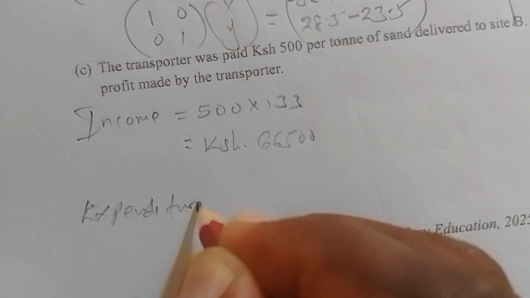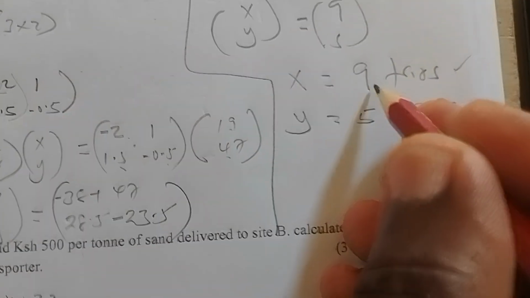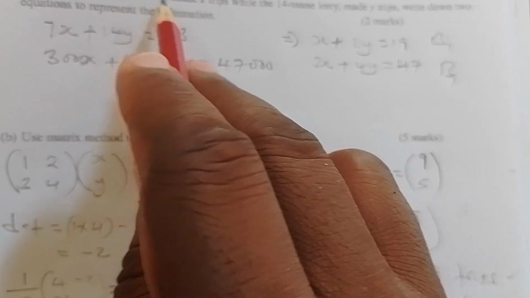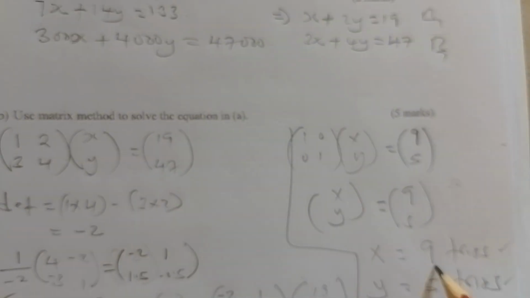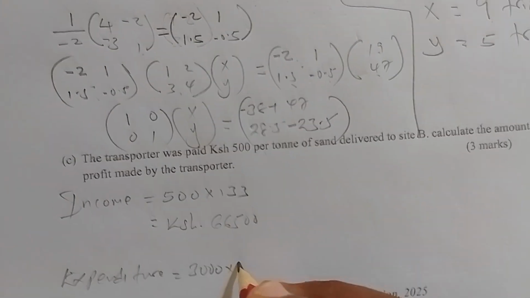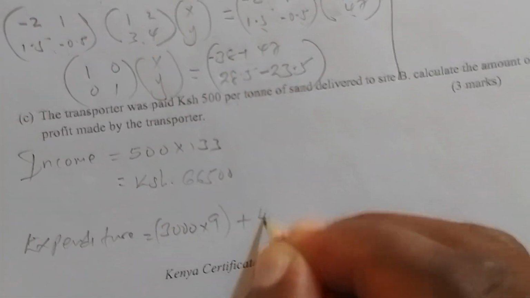Then the expenditure now. Here we have 3,000 times 9, since the 7-ton lorry made x trips, so 9 trips, and each trip was 3,000 shillings, and then plus 4,000 times 5, since the 14-ton lorry made y trips, 5 trips.